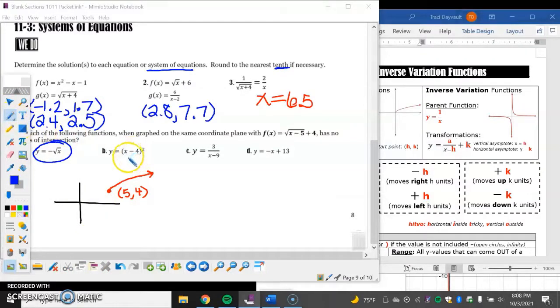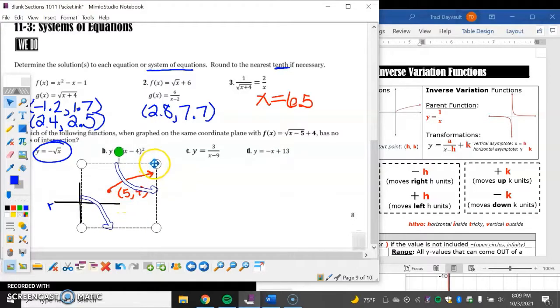Looking at the x minus 4 squared, that comes from a parent function of x squared. The minus 4 would shift it to the right 4, so that would probably intersect. This 3 over x minus 9, and we're trying to do this without Desmos, so we don't know exactly how it would look, but I have a pretty good idea that if I move this to the right 9 and the 3 would stretch it vertically, that is probably going to intersect.